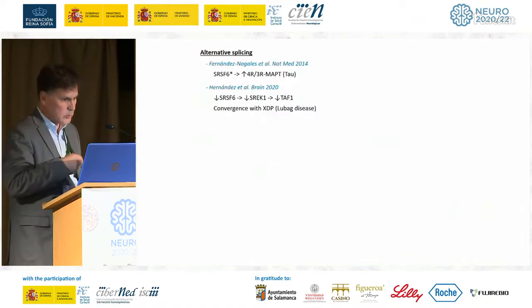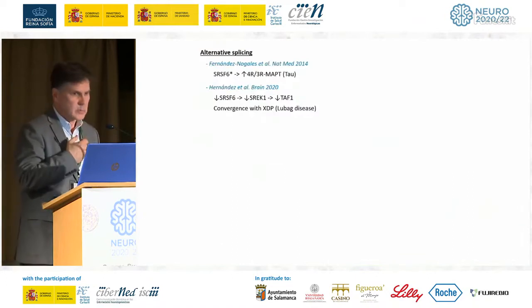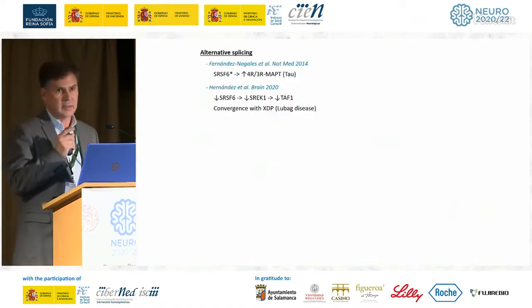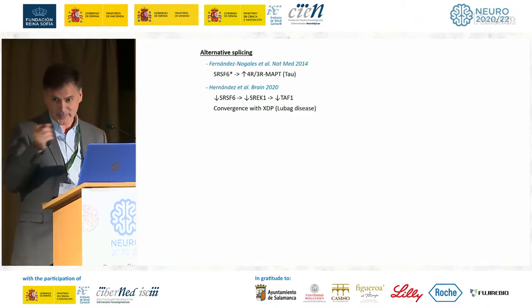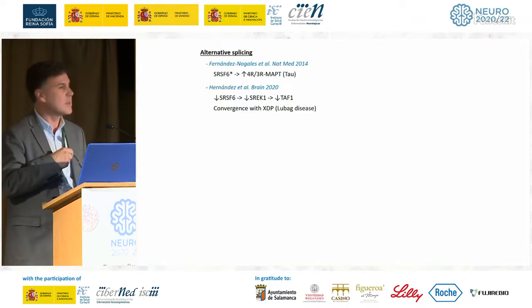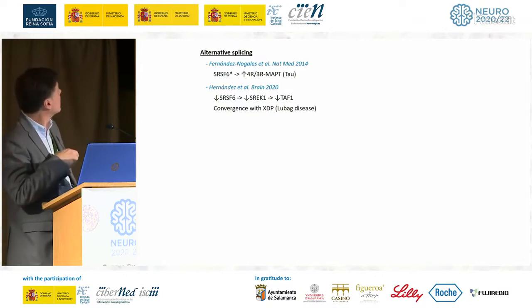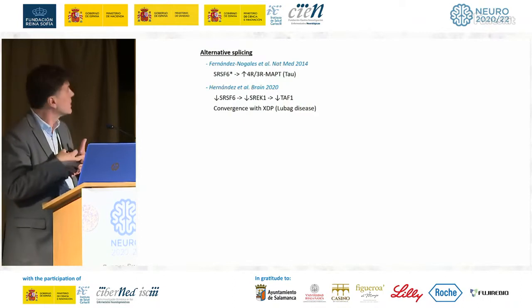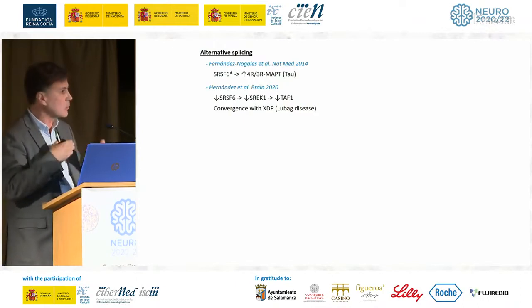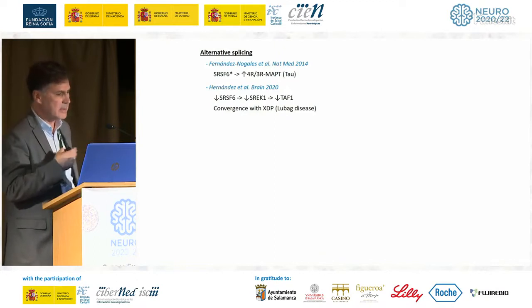And that was quite some time ago, but more recently in the laboratory, a former PhD student, Ivo Hernandez, who is now doing a postdoc in Oscar's lab, performed a study on an interactor of SRSF6, this other splicing factor called SREG1, that they were known to physically interact, and they were postulated to modulate their activity.